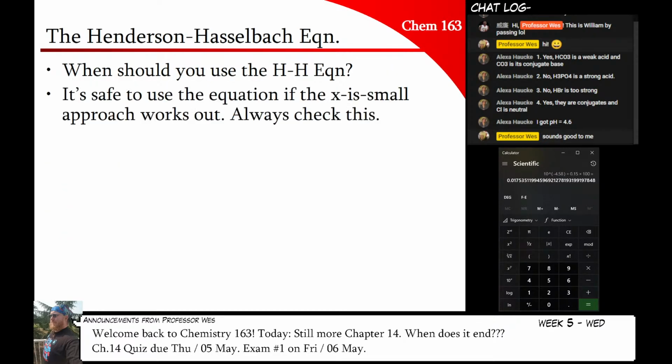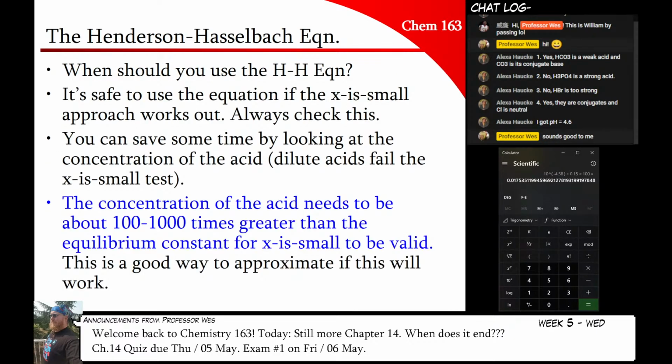All right. Here's the other condition that we want to make sure we satisfy. To make sure that our X is small approach is valid, the amount of acid that you have needs to be about 100 to 1,000 times bigger than the equilibrium constant.